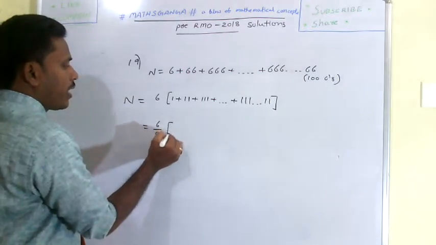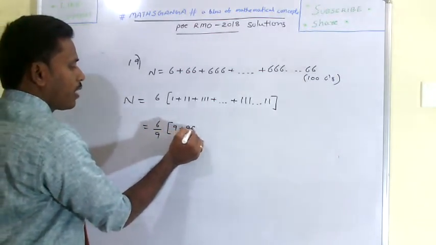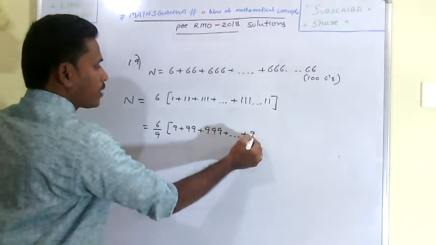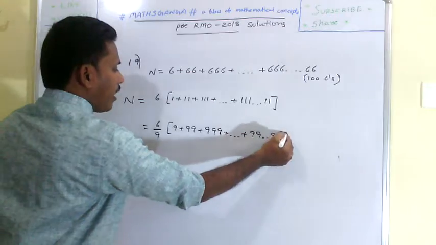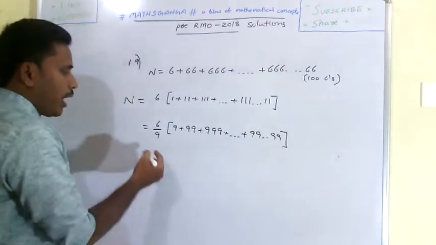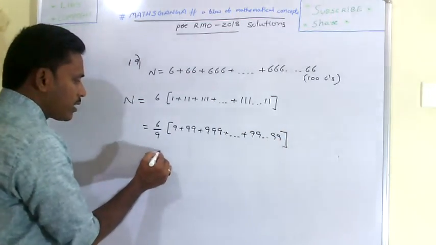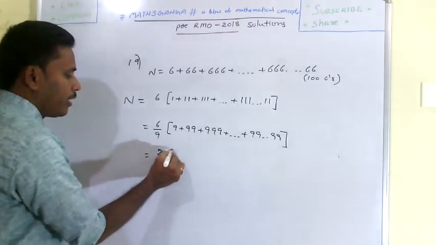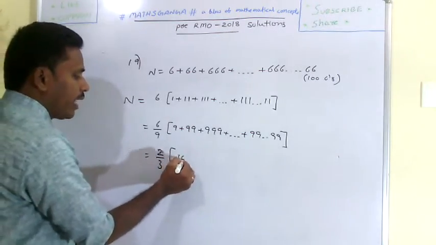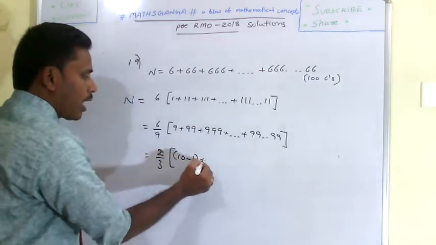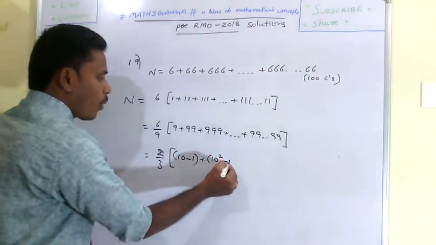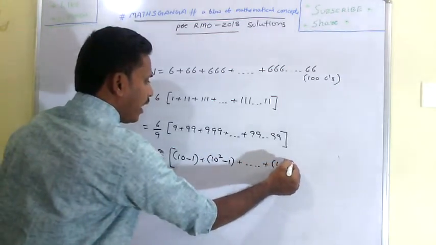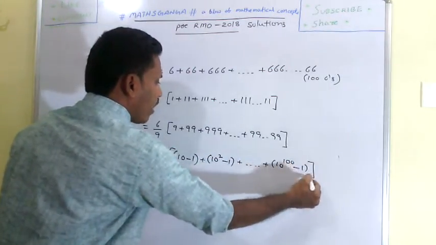We have 6 by 9 into 9 plus 99 plus 999 plus and so on plus 9999, 100 times. This 6 by 9 is nothing but 2 by 3, and I will write this 9 as 10 minus 1 and 99 as 10 square minus 1. Like that, if I continue, since it contains 100 nines, 10 power 100 minus 1.